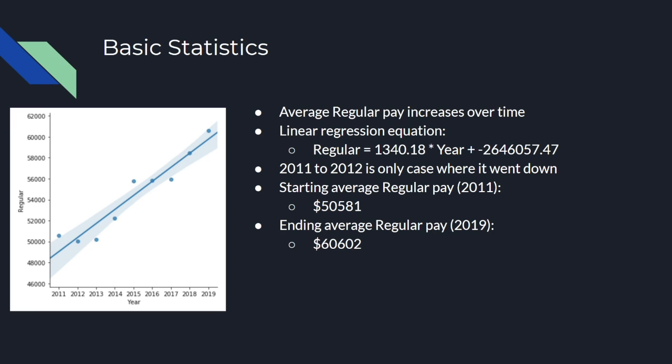The only time when the average regular pay actually decreased was from 2011 to 2012, when it actually went down very slightly. Some other years it only went up a very little bit, for example 2012 to 2013, but over the 9 years the average pay went up about $10,000, from $50,000 approximately to $60,000 approximately.